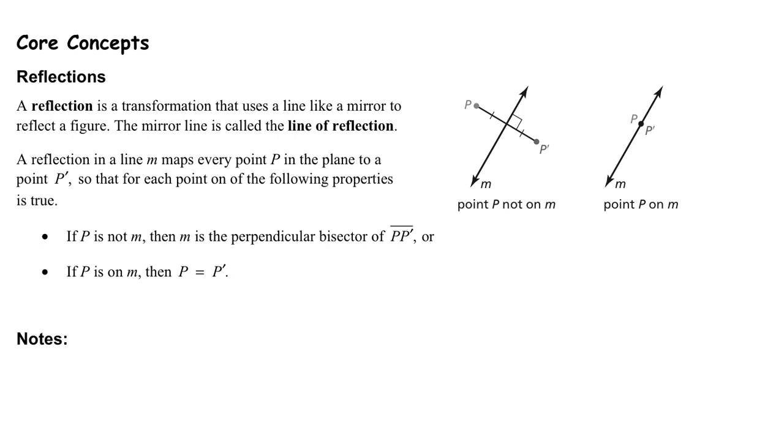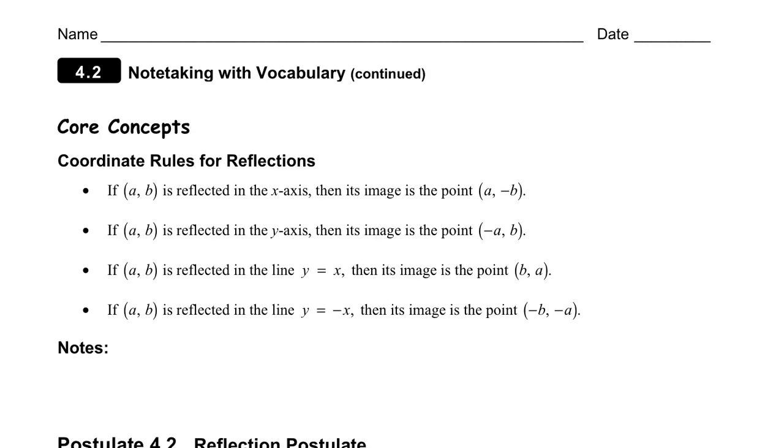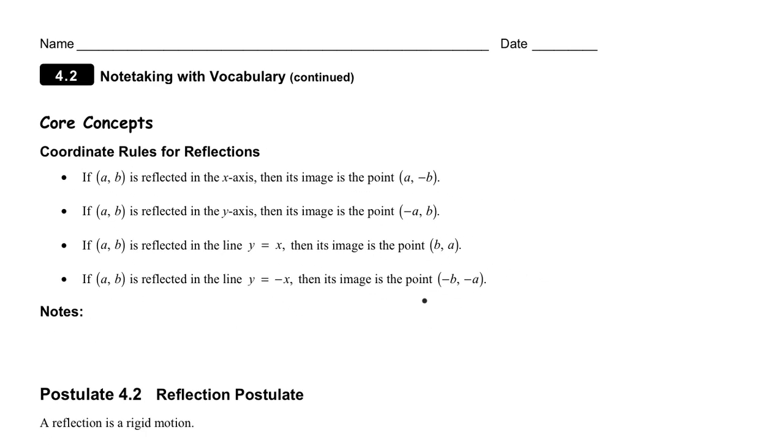Let's go to the next page. So here are the rules for reflections. Now I'm going to write them on the side in terms of our coordinate forms, because we have our coordinate forms that we learned about in the last lesson. So when we reflect over the x-axis, if you have an x and a y value, it changes the y value to be its opposite.